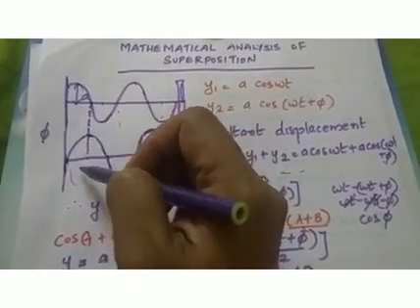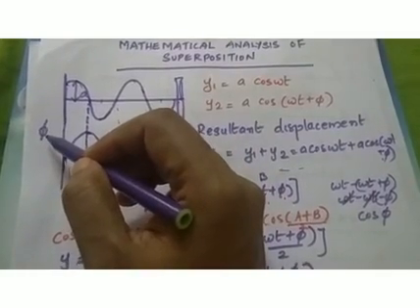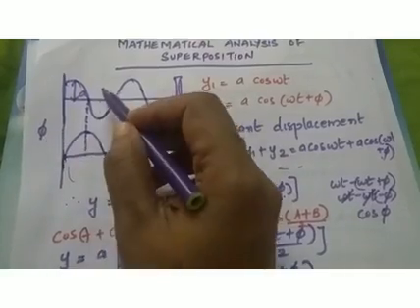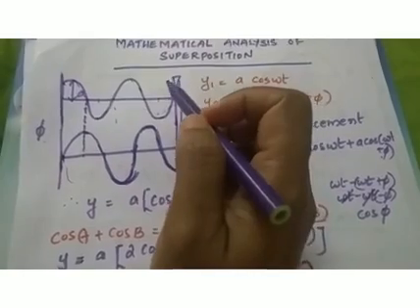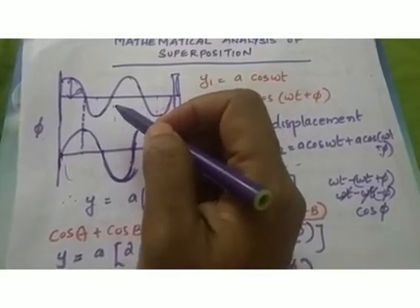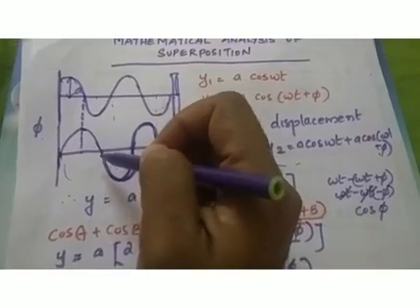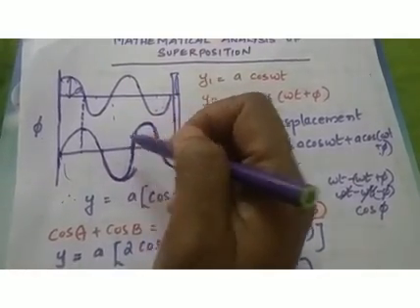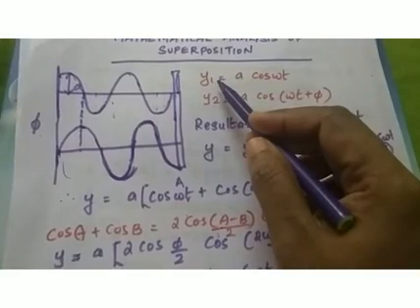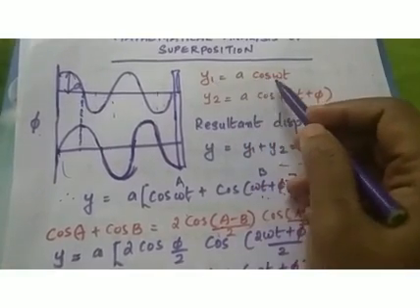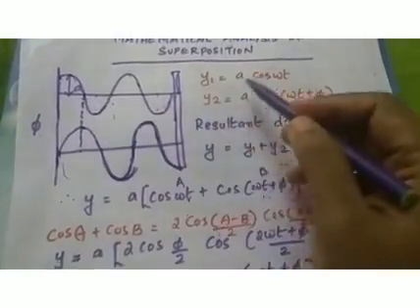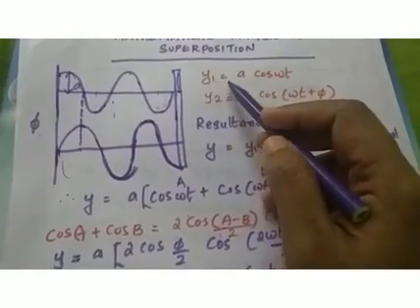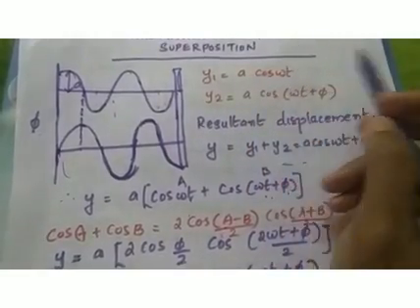So there is a phase difference, and let phi be that phase difference between these two waves. A is the amplitude of the wave. You had already learned in your class 11 physics how to represent a wave using a wave equation. A wave can be represented by the equation y equal to a cos omega t.